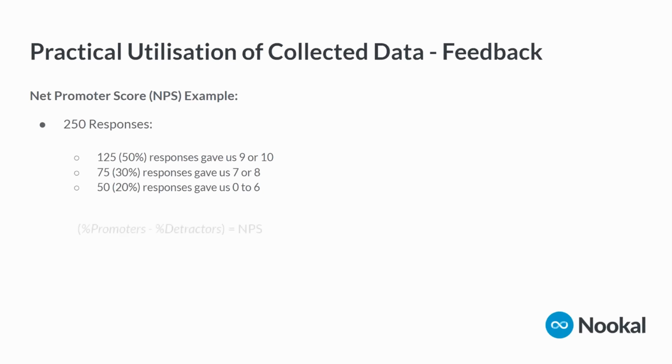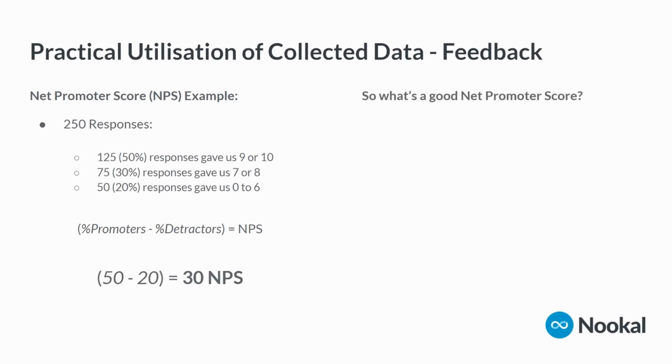So we know that the net promoter score is the percentage of promoters minus the percentage of detractors, which gives us a total of 30 on a scale of -100 to +100, with any value over 0 being a positive result. So what's a good net promoter score?